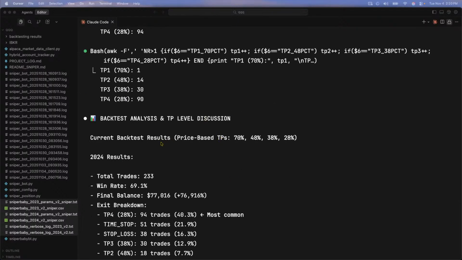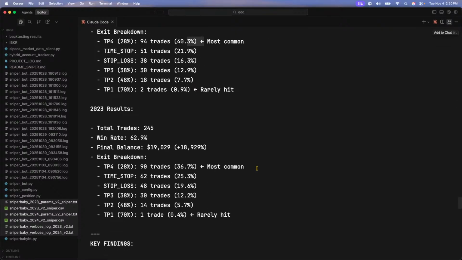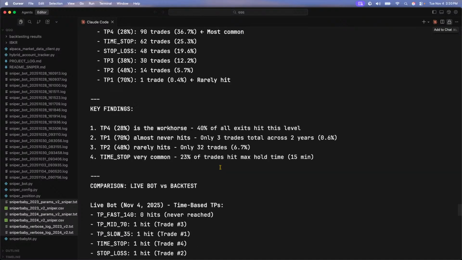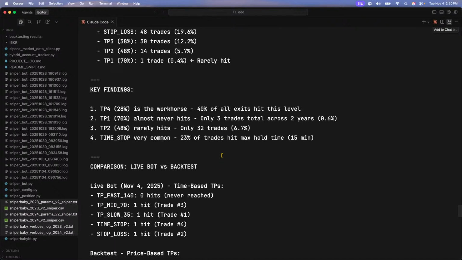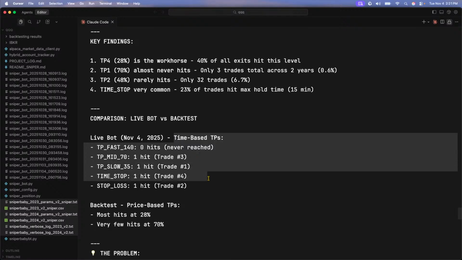All right. Backtest results. 69%. 70. Okay. Most common. Rarely hit. And then we have 2023, is the workhorse. Okay. Comparison to the bot. Comparison of TP. Okay.